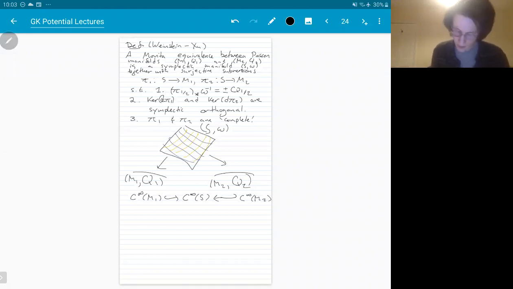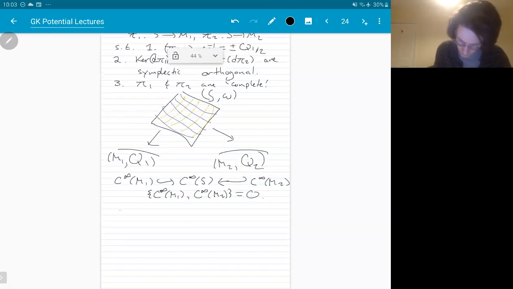And this symplectic orthogonality of the fibers says that if you take the Poisson bracket of something coming from the first manifold with something coming from the second manifold, it gives you 0.